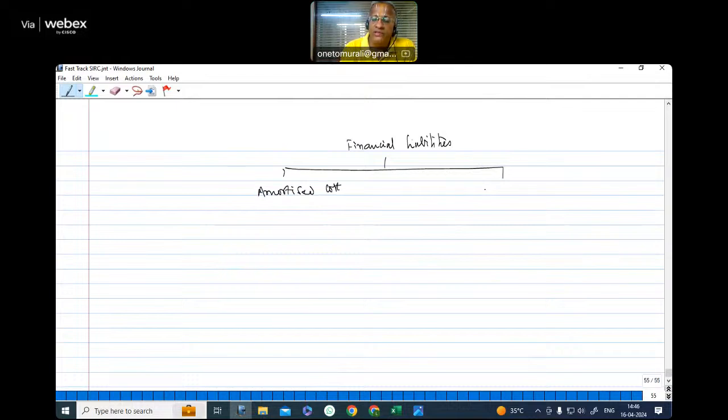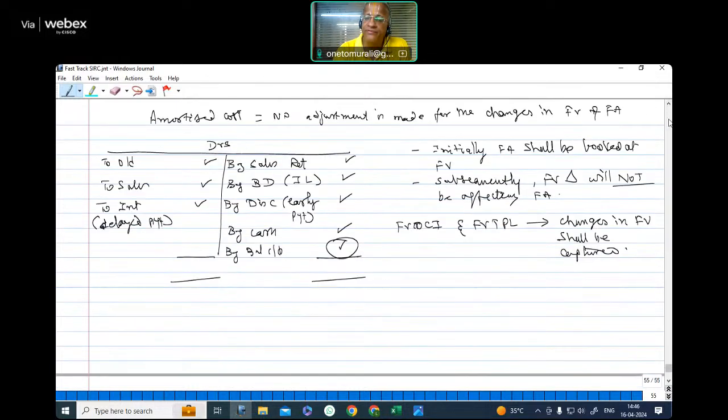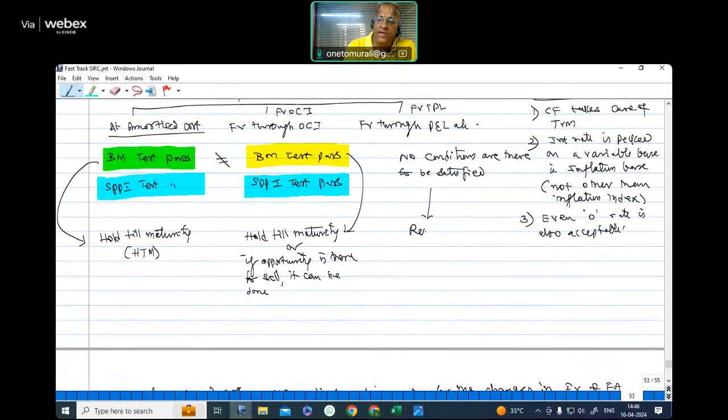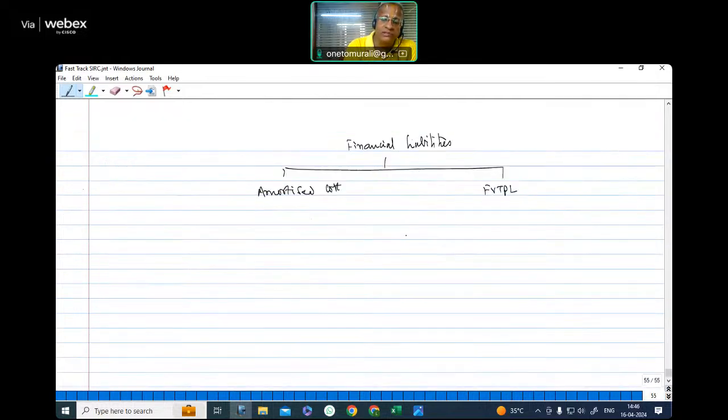The other one is fair value through profit and loss account. Remember that in the case of financial assets, amortized cost is a residual category. We can understand this much better once we start doing more about financial assets.